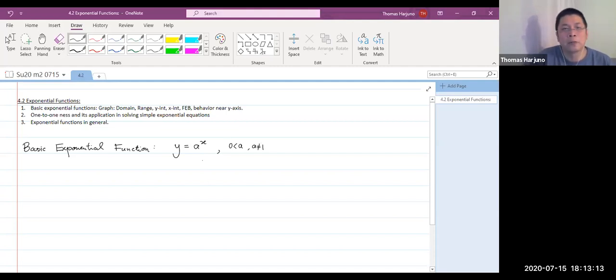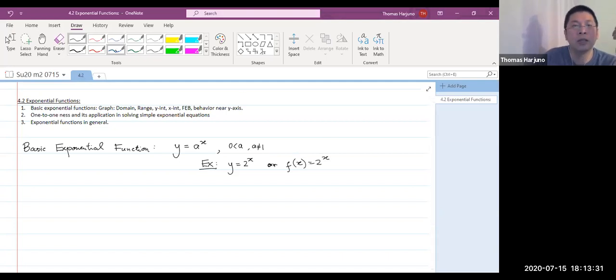For example, the one that we will be dealing with very soon is Y equals 2 to the X. We can also write it as f(x) equals 2 to the X. Keep in mind that on the number line, A has to be greater than 0, cannot be 0, and cannot be 1.